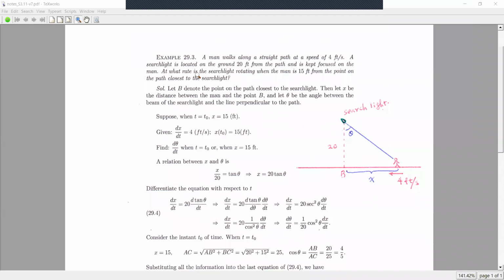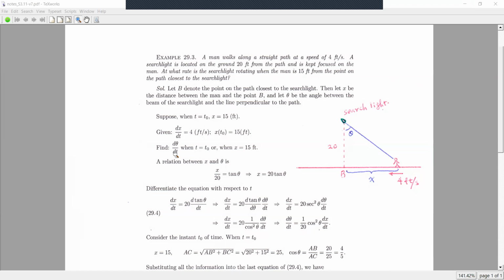At what rate is the searchlight rotating when the man is 15 feet from the point on the path closest to the searchlight? The point on the path closest to the searchlight is the point B. To answer this question, we need to compute the derivative of the angle theta. The derivative is the rate of change of theta.